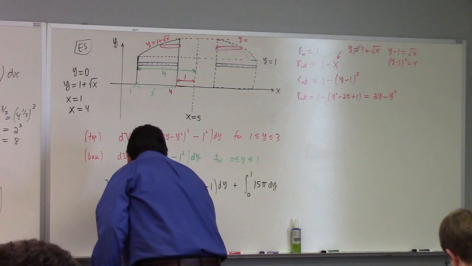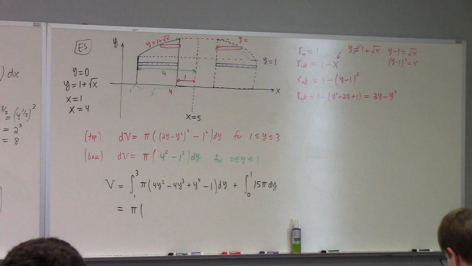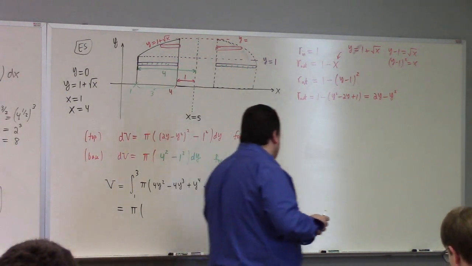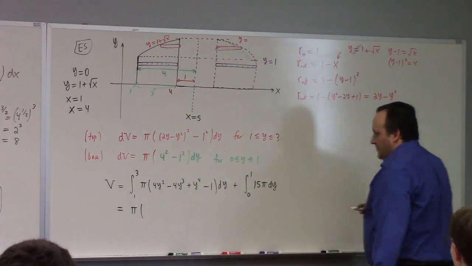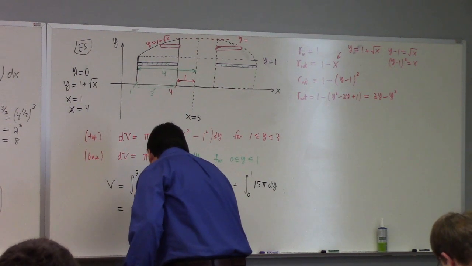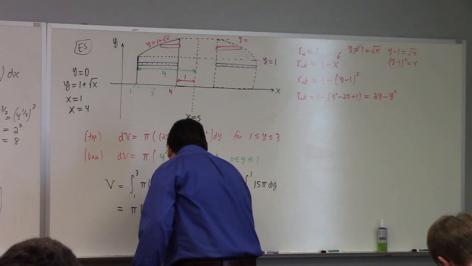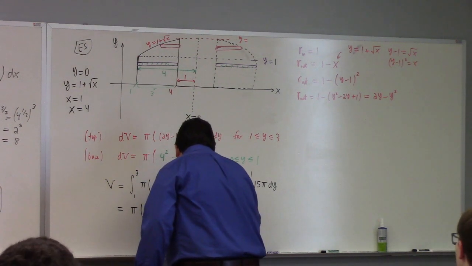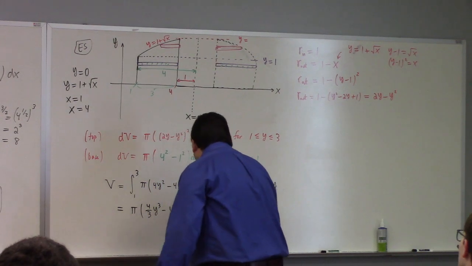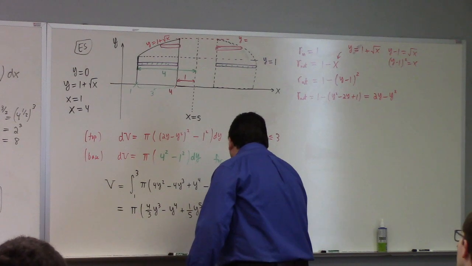So we've got pi times, is it? Oh man, I was going to do another one of your homework problems for you. Oh well, I guess I'll leave it to you. Let's see, 4/3 y cubed minus y to the 4th plus 1/5 y to the 5th minus y. We've got to take all that, evaluate from 1 to 3, and then of course this other one just works out to 15 pi.